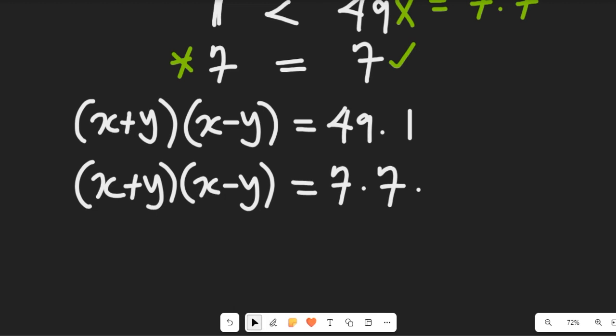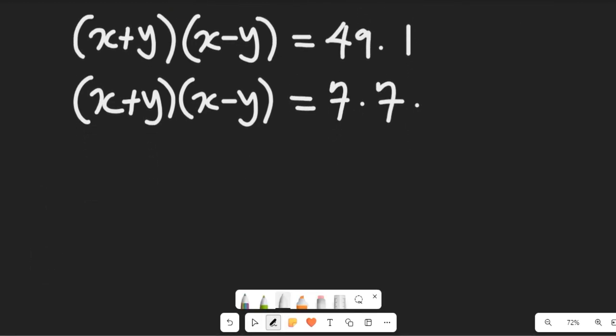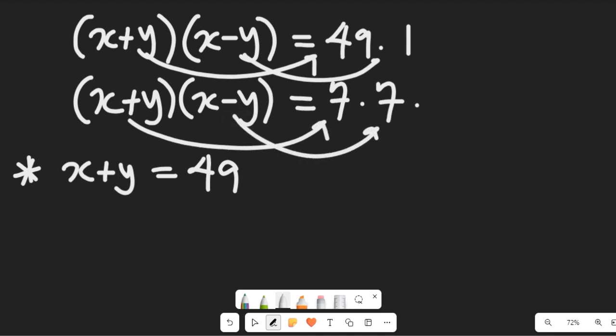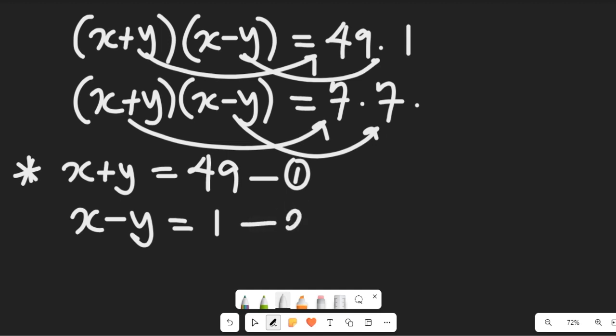So this will give birth to two simultaneous equations. The first, we're going to have x plus y equal to 49, and x minus y to now be equal to 1. We'll take this as equation 1 and this as equation 2.